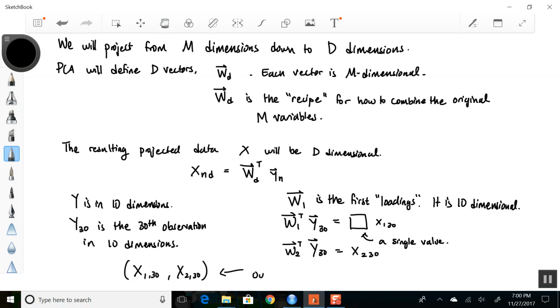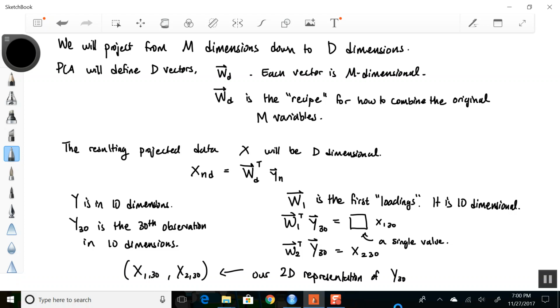These two values make our two-dimensional representation of y30, which originally had to be represented with 10 different numbers, right? So just like we could create a model of my hand, and every location on this hand would have 3 coordinates, but then after we project it down to a shadow, that resulting thing only has 2 coordinates.